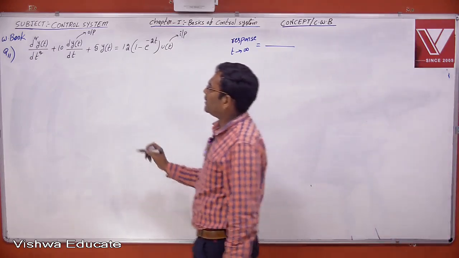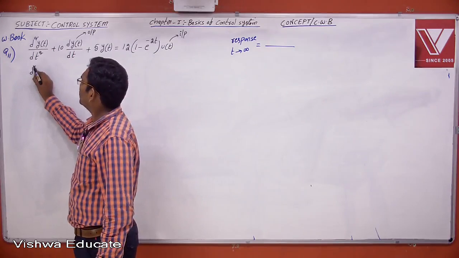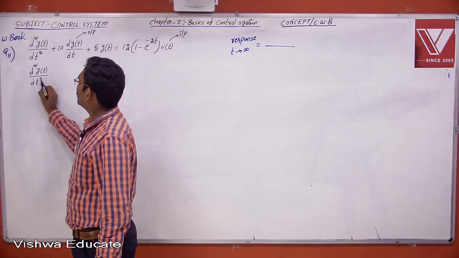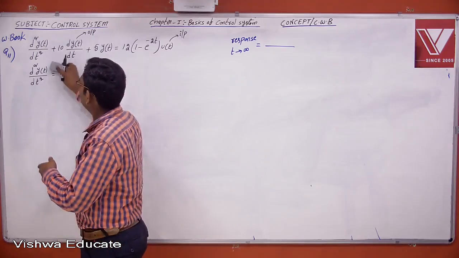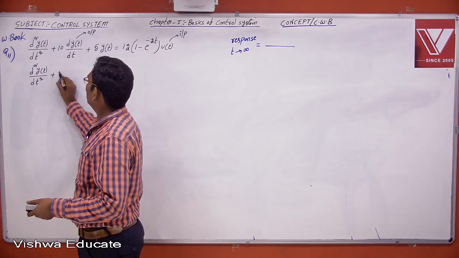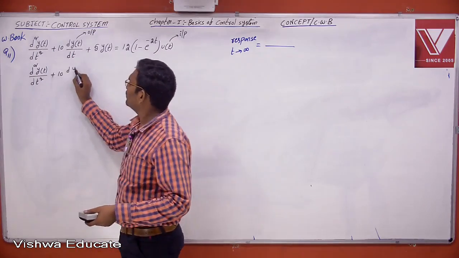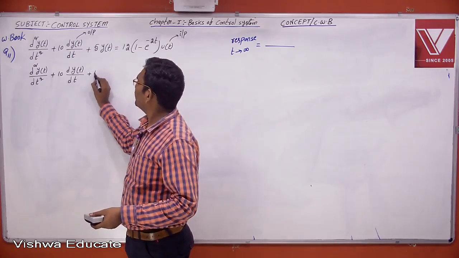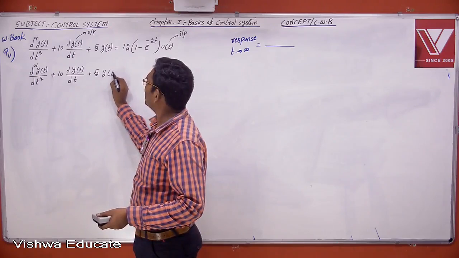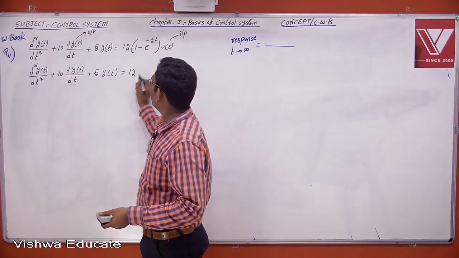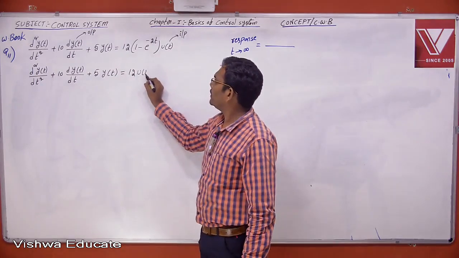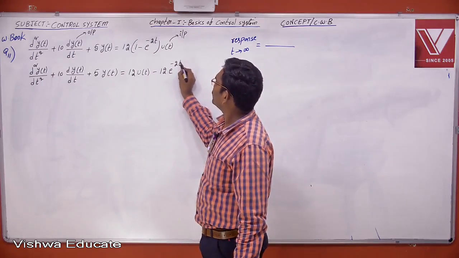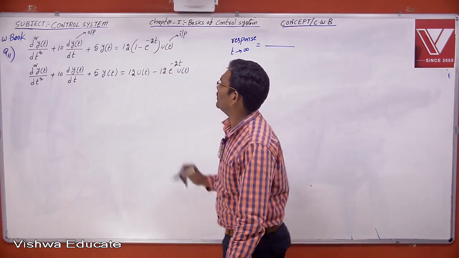Therefore, can we write it like this: d square y of t by dt square plus 10 into dy of t by dt plus 5 into y of t is equal to 12 into u of t minus 12 into e power minus 2t into u of t.